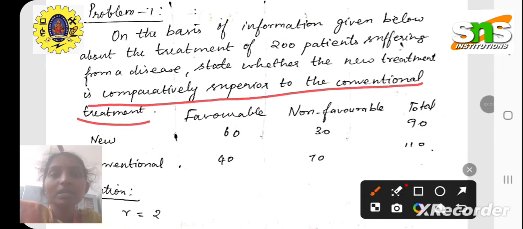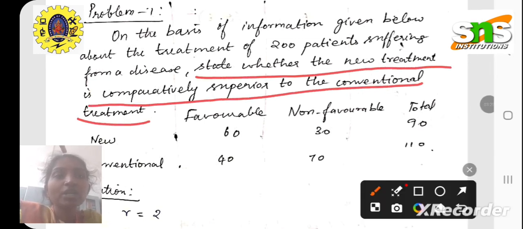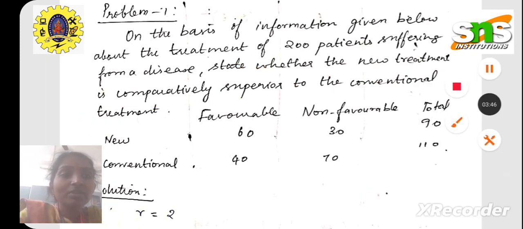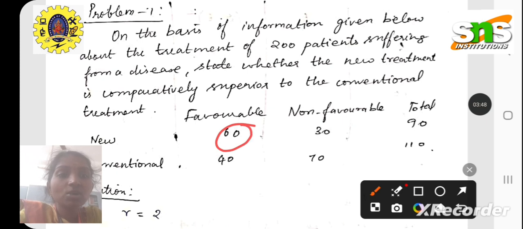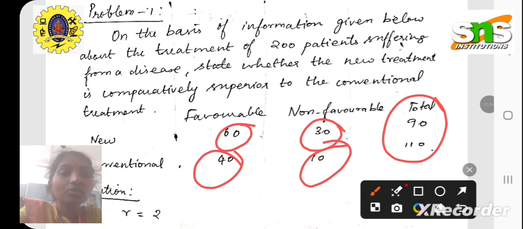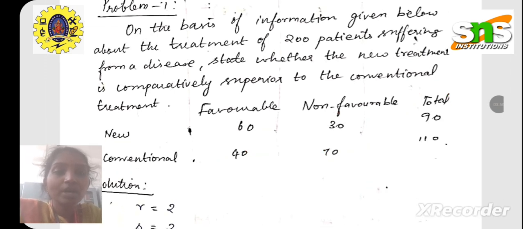We are going to compare the independence of the two attributes, the new and the conventional treatment. For the new treatment, the favorable cases are 60 and non-favorable are 30. For the conventional treatment, they are 40 and 70. The total is 200.